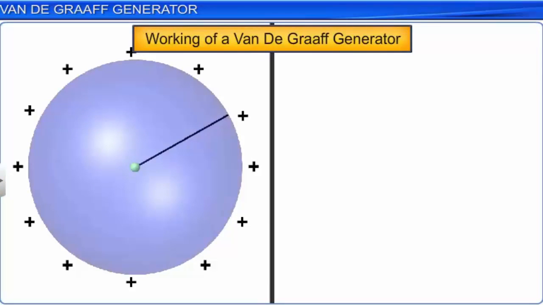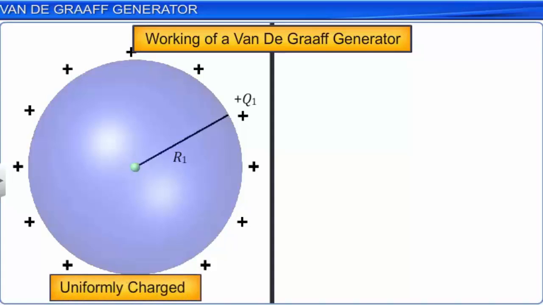To understand the principle behind the working of a Van de Graaff generator, let us consider a large conducting shell of radius r1 with a charge plus Q1 on it. This charge is uniformly spread over the conducting shell.